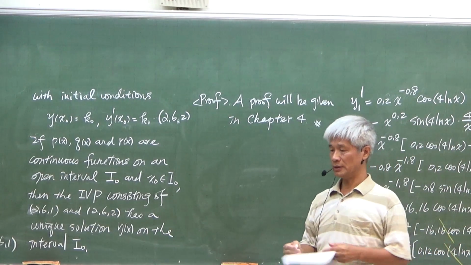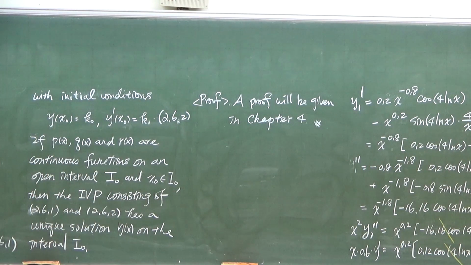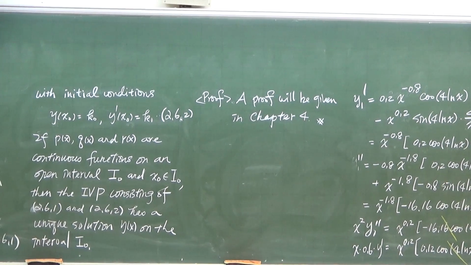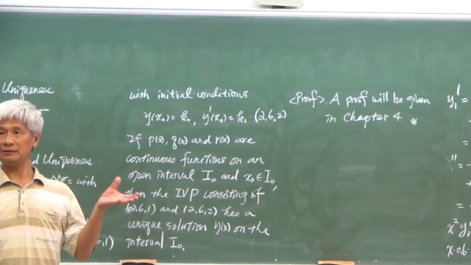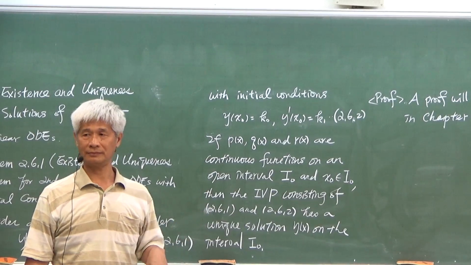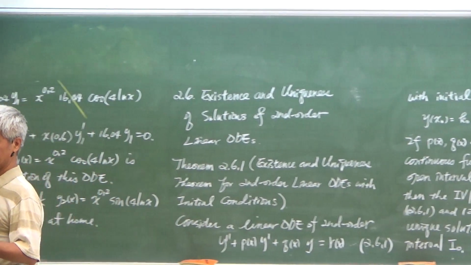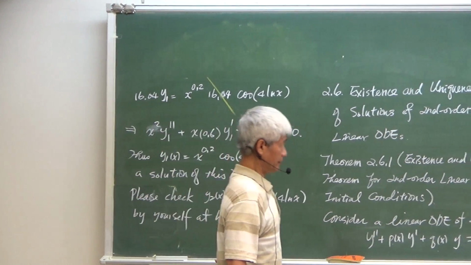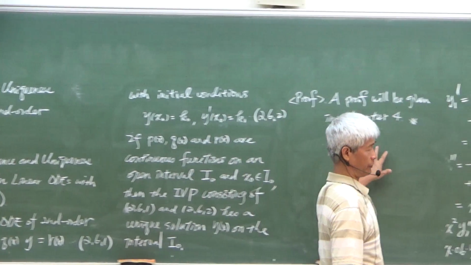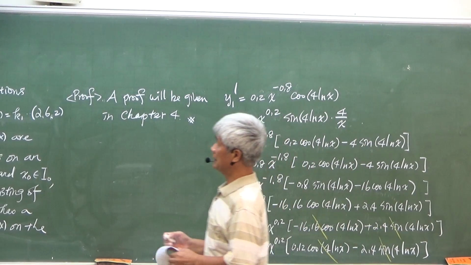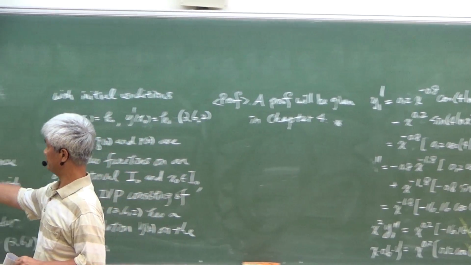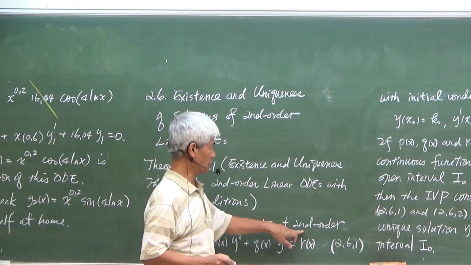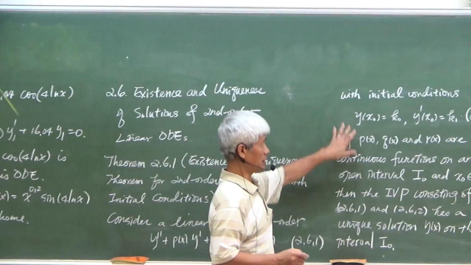So in chapter 4, we will give the existence and uniqueness theorem for general ODE. Right? Not only for second order, any order. Okay, and maybe non-linear. So we will give a very general result in chapter 4. But currently, I will state the theorem specifically for linear ODE of second order with two initial conditions.